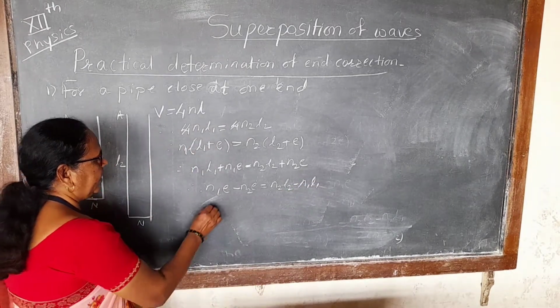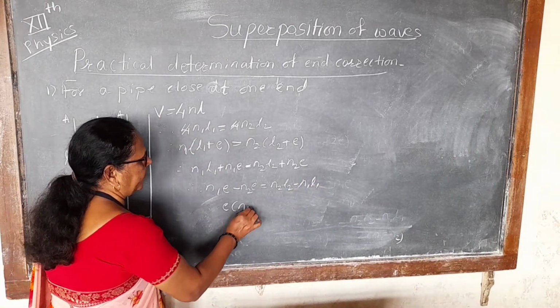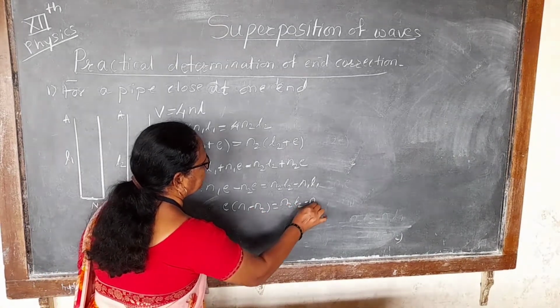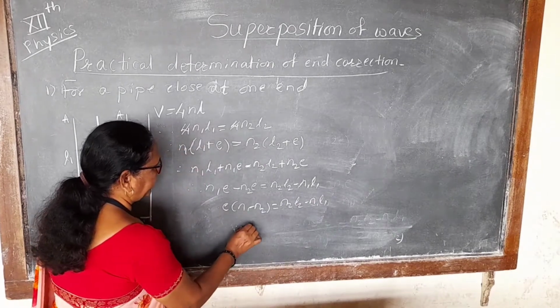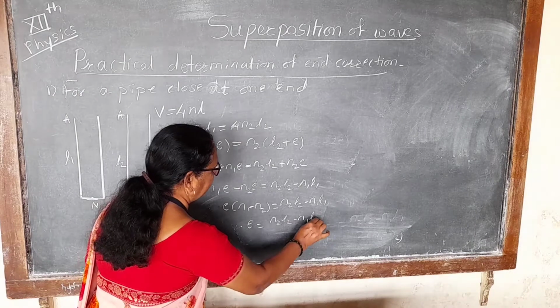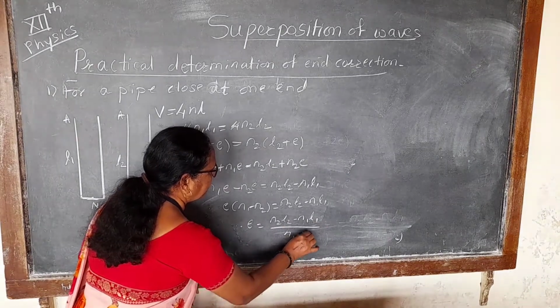Take E common, so E into N1 minus N2 is equal to N2 L2 minus N1 L1, and you get E equal to N2 L2 minus N1 L1 divided by N1 minus N2.